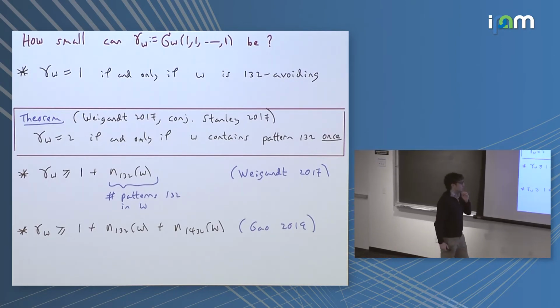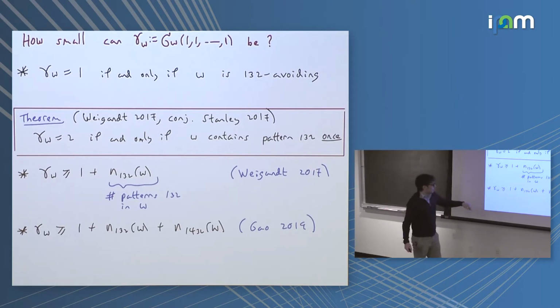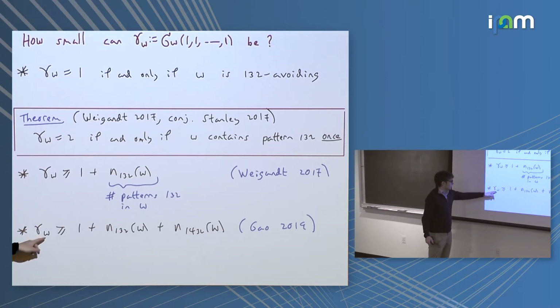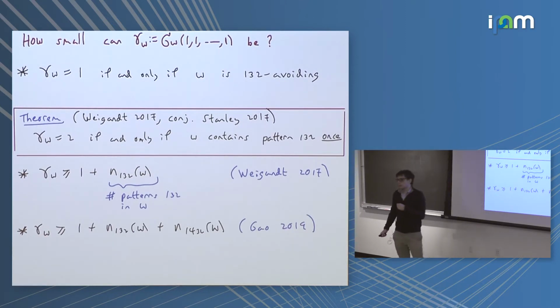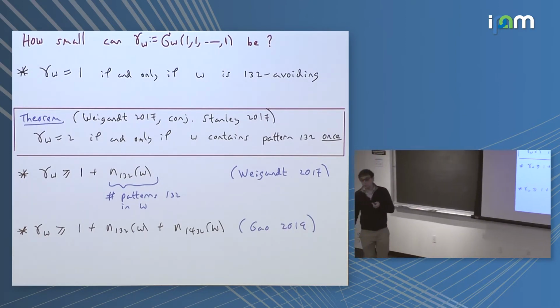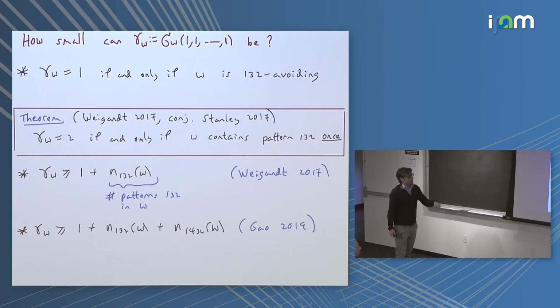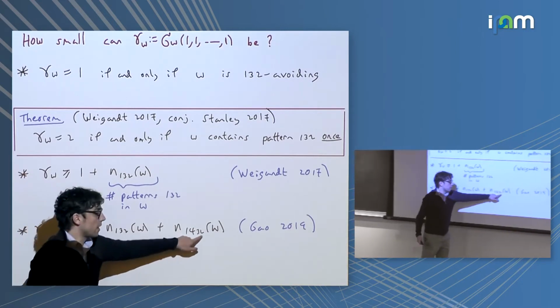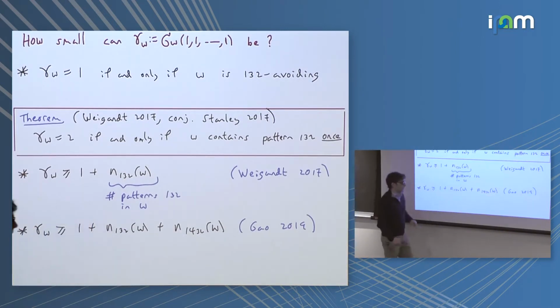And last year, Yibo Gao strengthened this result by showing that for any permutation, the principal specialization is at least 1 plus the number of occurrences of 1, 3, 2, and the number of occurrences of 1, 4, 3, 2. This is just counting how many times you see this pattern in the permutation.